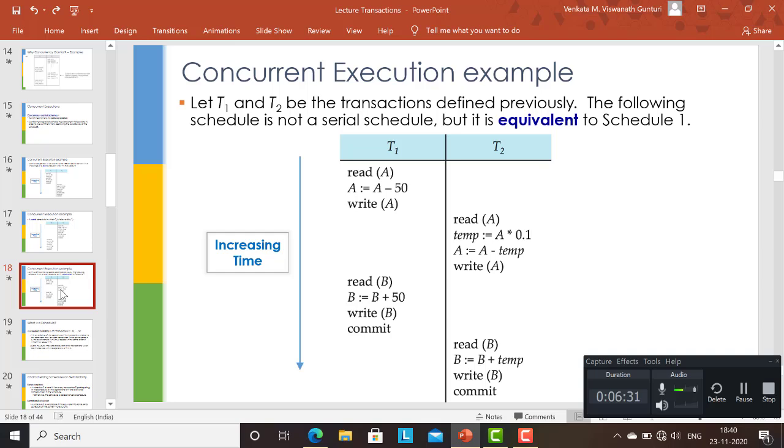That is how I would like to put the formal definition of what a concurrency control manager does.